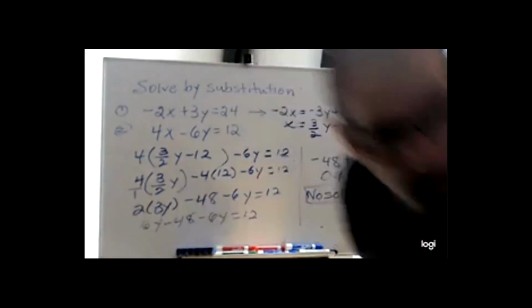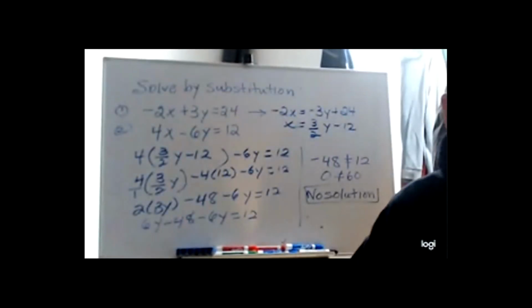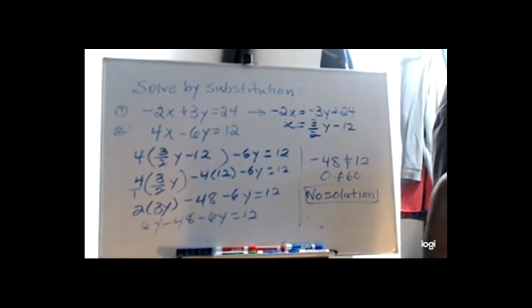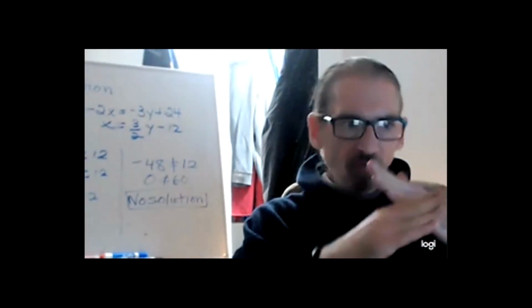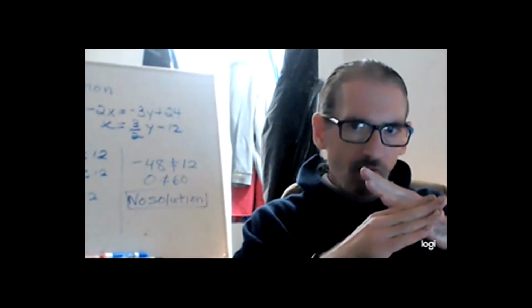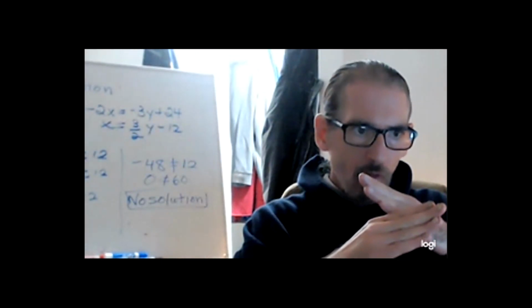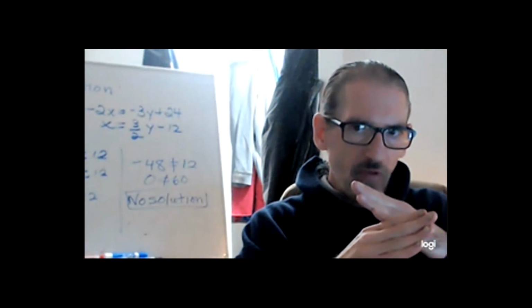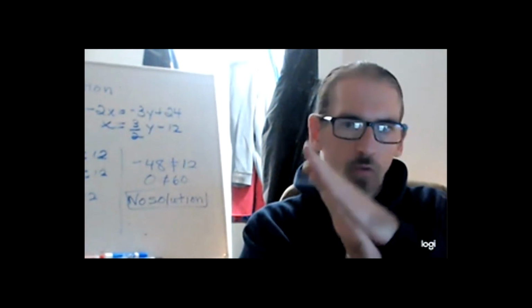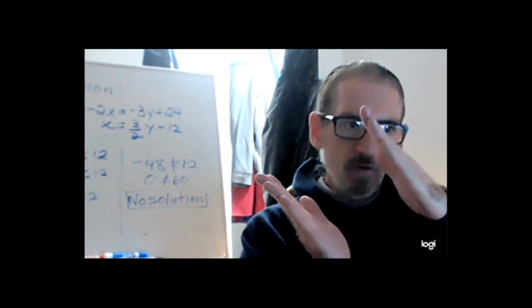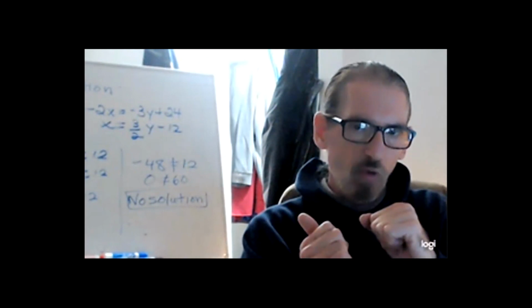Now, by the way, as I bring up the graph, there are only three possibilities when you have two lines. Either they are intersecting at a single point, or the two equations were really of the same line, or they could be parallel because they have the same slope but different y-intercept.